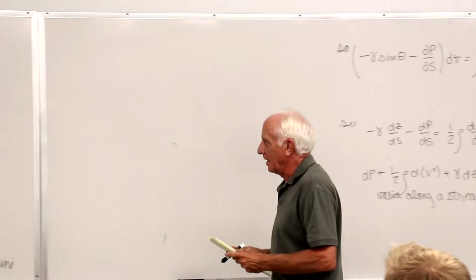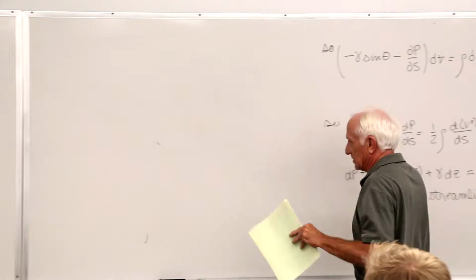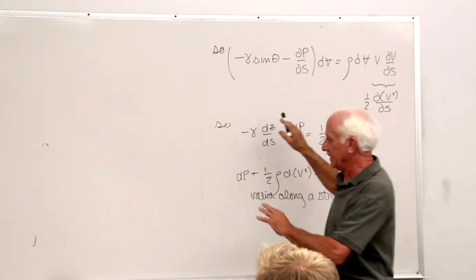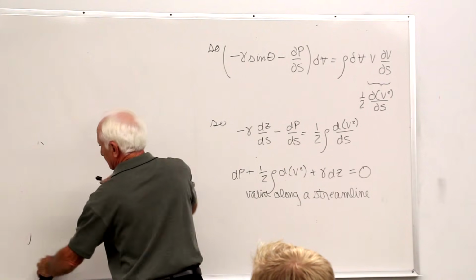Now, I'm going to put this over here, because I want to save this middle panel for something else, so I'm going to erase this and save this space here.